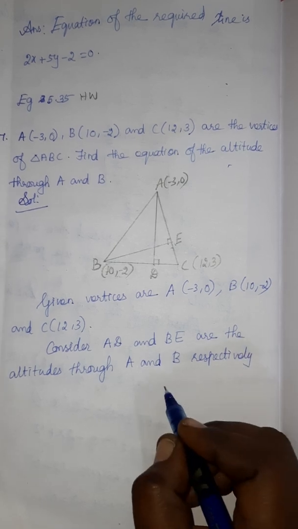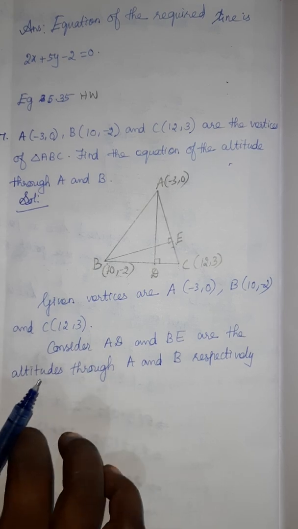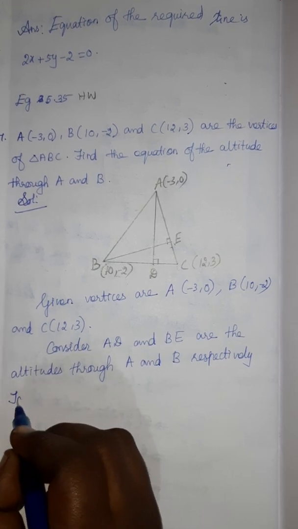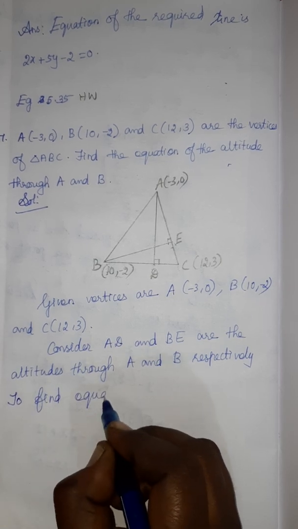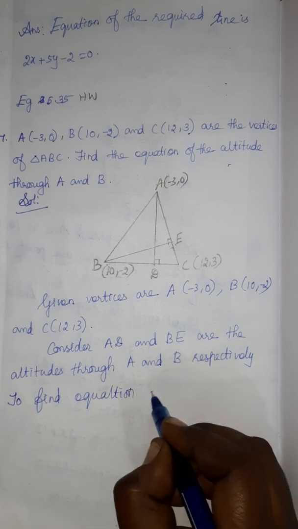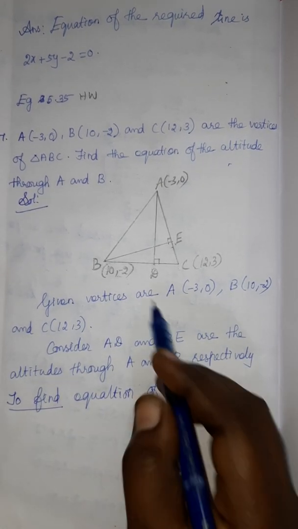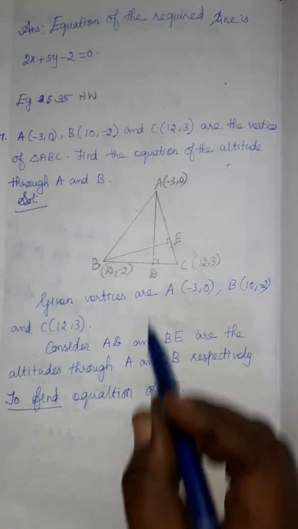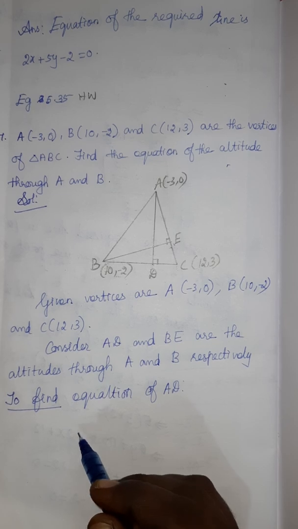Next we are going to find the equation of the line AD. So you write: to find the equation of AD, we are going to find the slope of BC, then find the slope of AD, and then find the equation of the line.